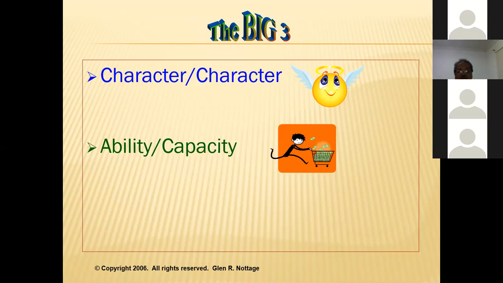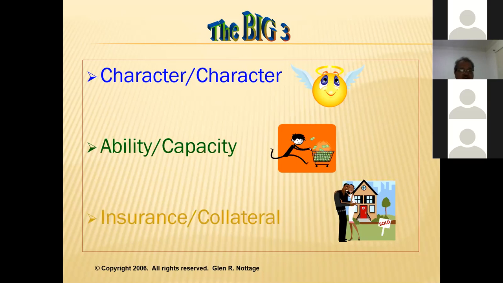And that I put in green because that involves money. And in America, they call money the mean green. So there you have your fella running with his bunch of money, his mean green in his trolley. So that's ability under Campari, capacity or capability under credit Cs. And the third, as I mentioned, is insurance under Campari, collateral under credit Cs.